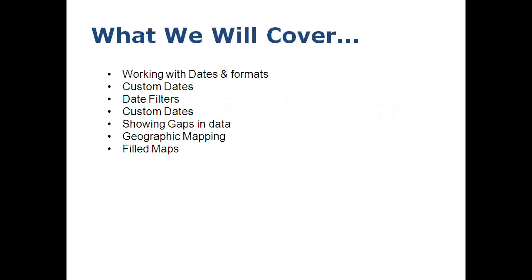Then we have seen the gaps in the data, so how the sales line chart goes and there is a gap in between. So that also we have seen. Geo mapping, we have seen longitude and latitude, and then we drag the country into the detail section. Automatically it will identify the country in that geographical mapping.